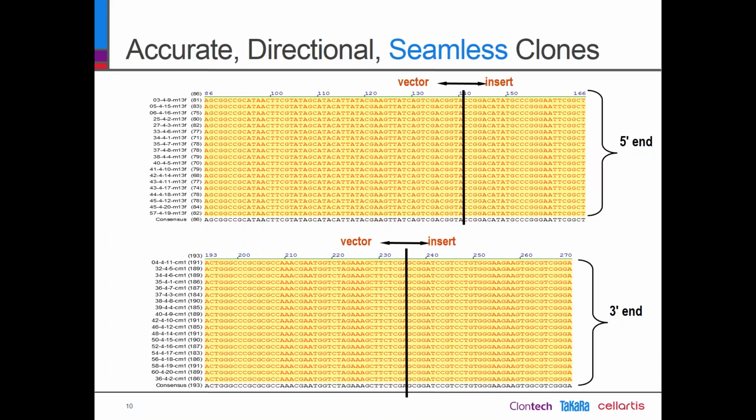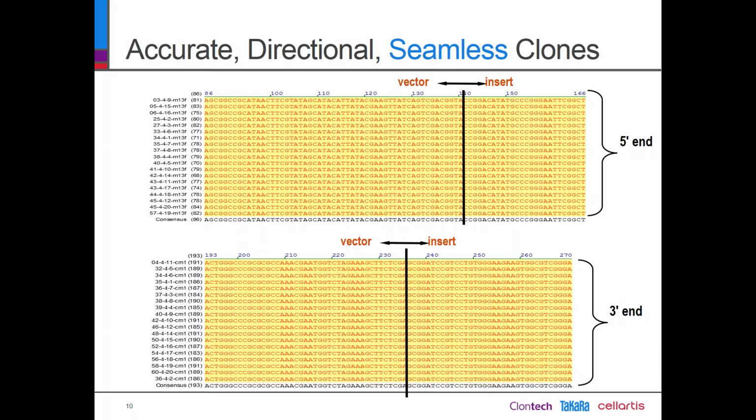The inserts are all in the right direction. So this again means you don't have to screen a lot of colonies to make sure that the orientation is correct. By nature of this protocol, it's always going to be integrated in the correct direction. And the most important of all, the cloning is seamless.